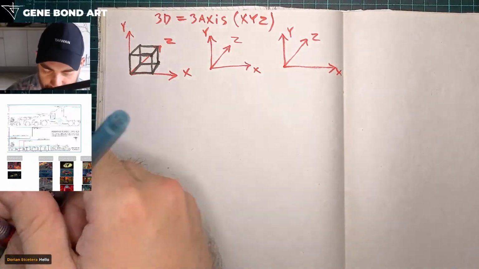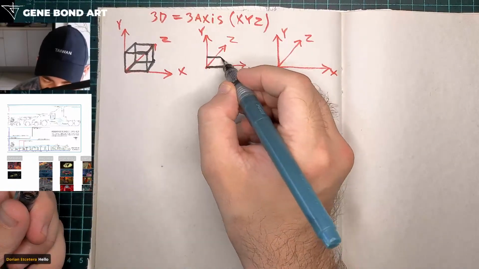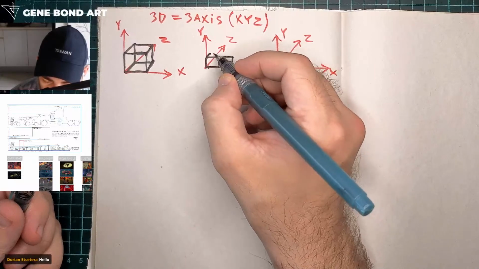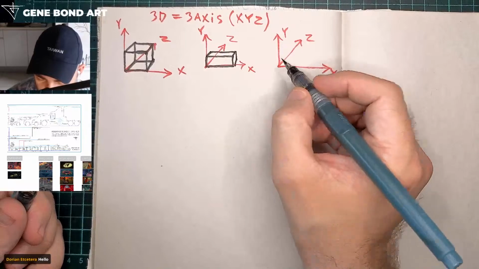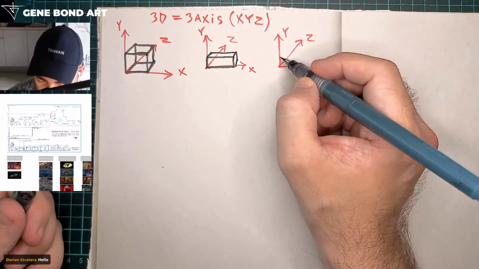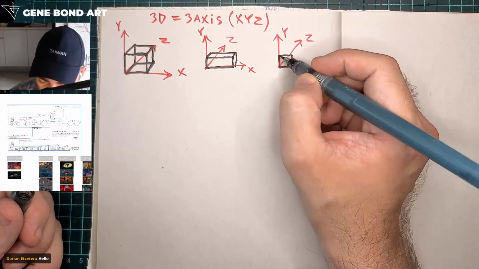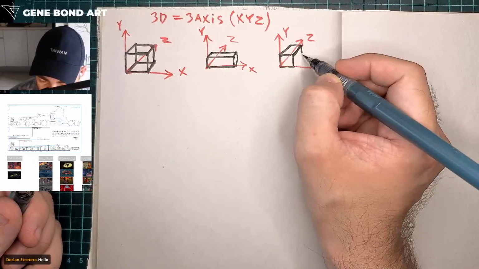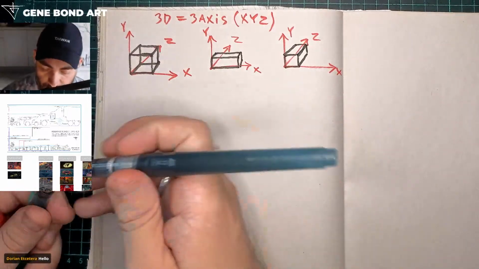I can make an object with a longer width and a shorter height, or let's say a longer depth, so a longer z-axis, right?